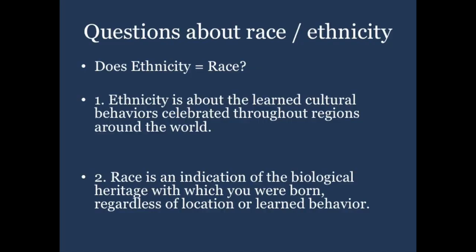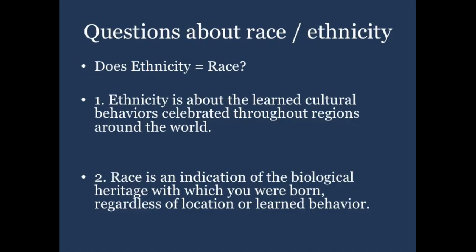Another typical demographic information item is the question about race and ethnicity. Ethnicity is about learned cultural behaviors that are celebrated throughout regions around the world. It's a learned cultural behavior. For example, Hispanic origin is about ethnicity.